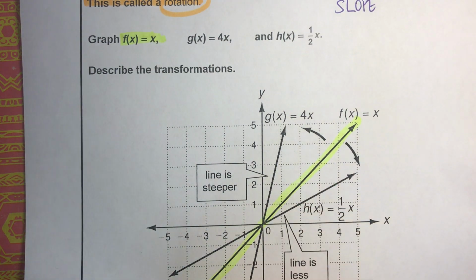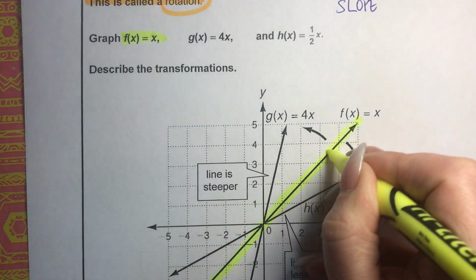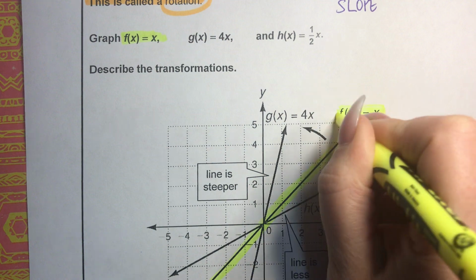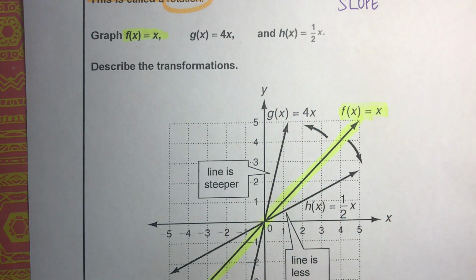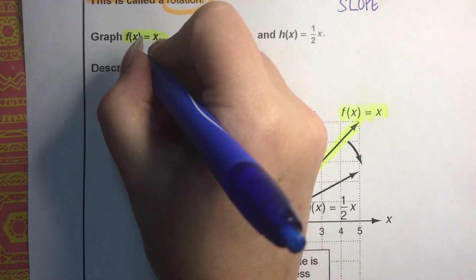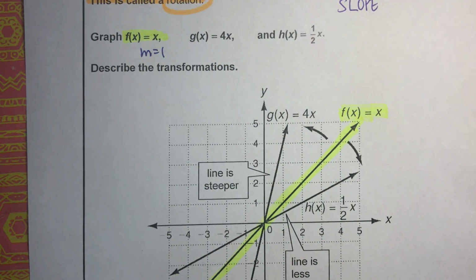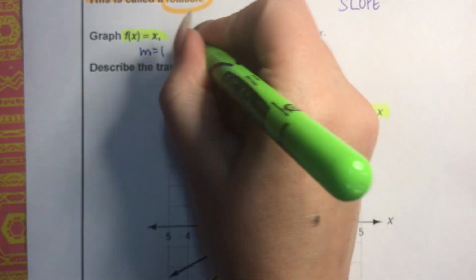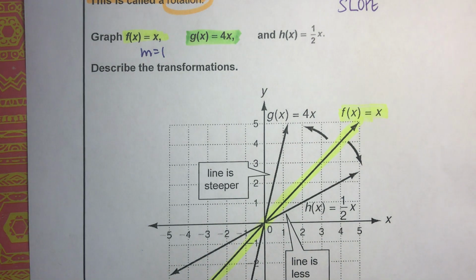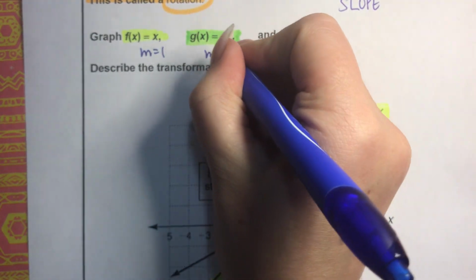This is f of x, right here, okay? And notice what's the slope here. The slope is equal to 1, right? Okay, now let's look at g of x. So g of x is right here. And what's the slope of g of x? Well, the slope of g of x is 4.